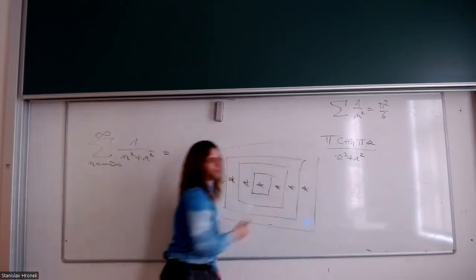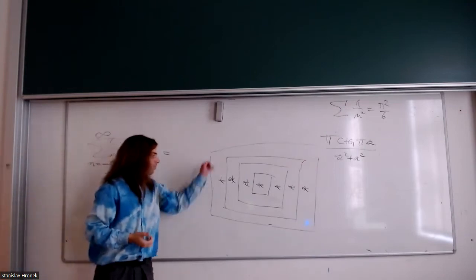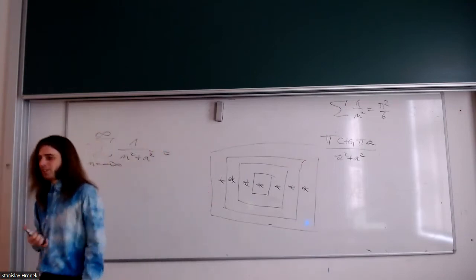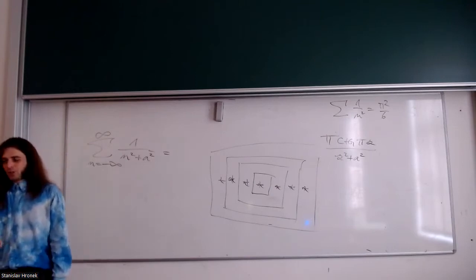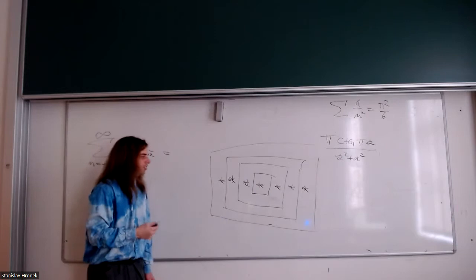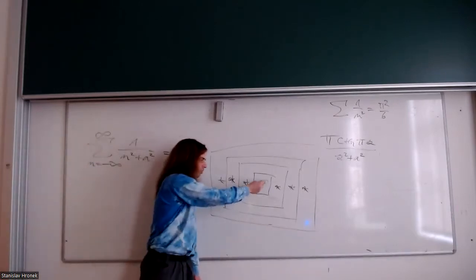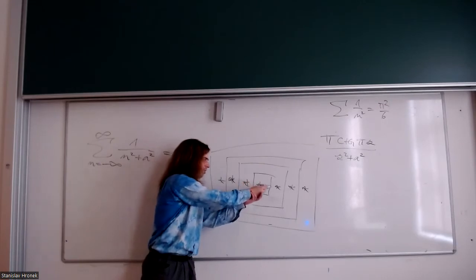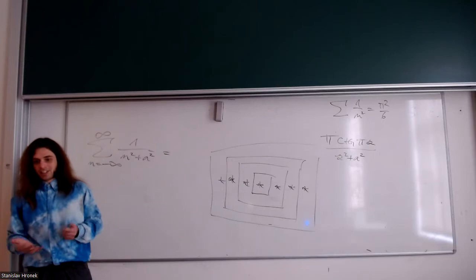Of course, the cotangent is periodic, so if I picked wrong squares, I could get an ugly behavior from the cotangent. But if I pick nice squares, and it turns out that if I just target the squares in such a way that they pass through the zeros of the cotangent, then I will get actually a nice result.